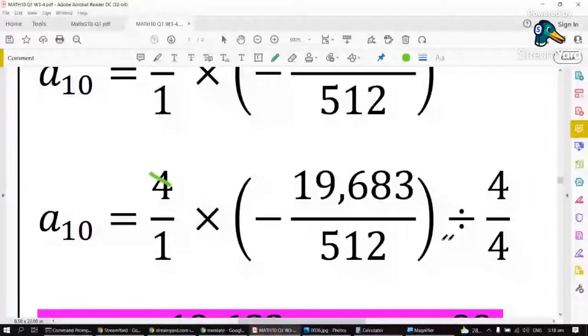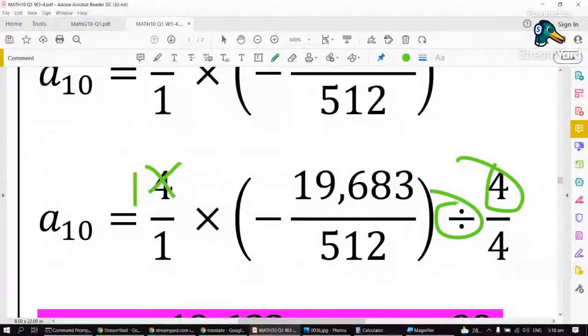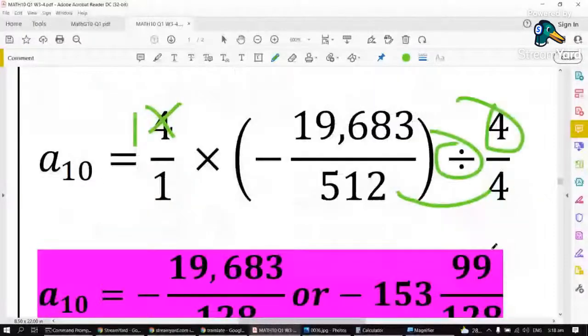So, 4 divided by 4 is 1. So, it becomes just 1. 1 times 1 is 1. 512 divided by 4 is 128.